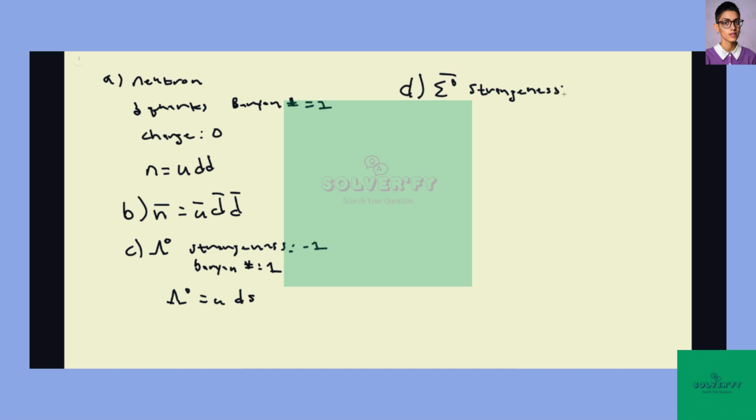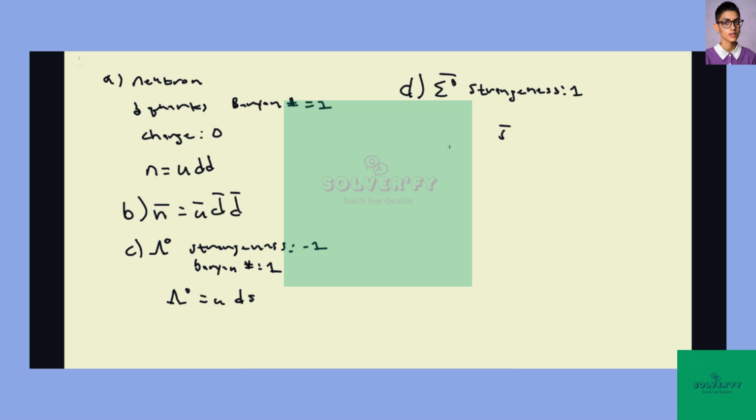So it must contain an anti-strange quark, because the strange quark has a strangeness of minus 1. And it also must contain 3 quarks. And they also have to have 0 charge, 0 bottomness, 0 charm, and 0 topness.